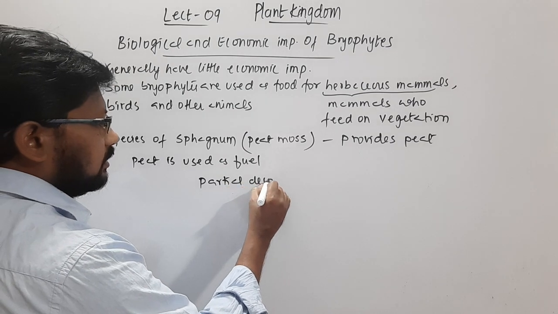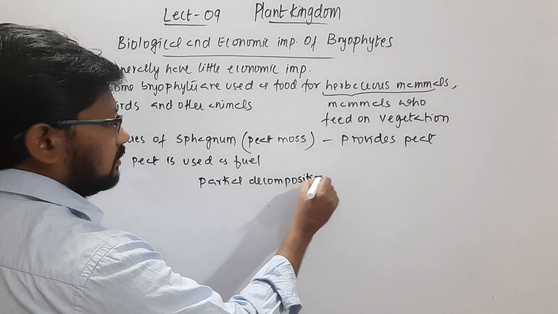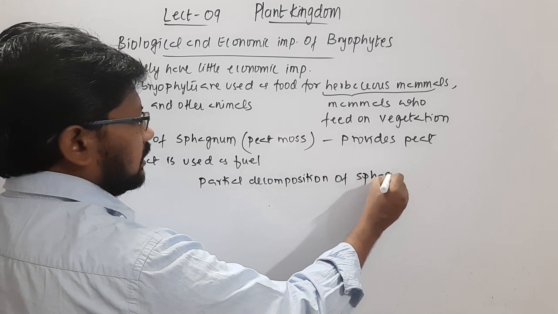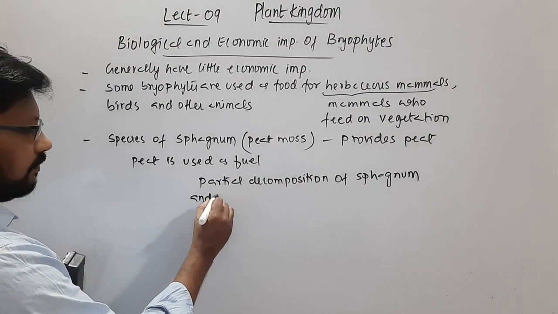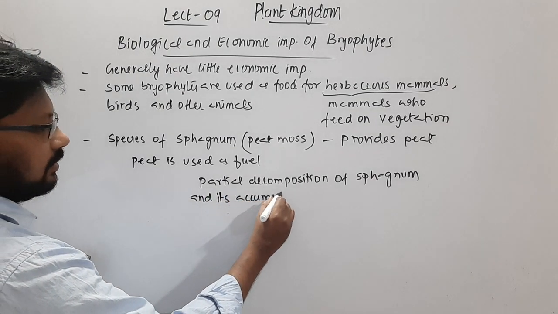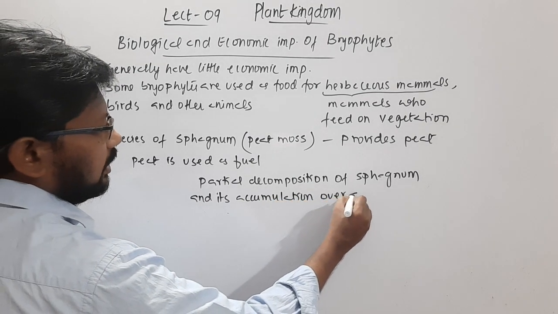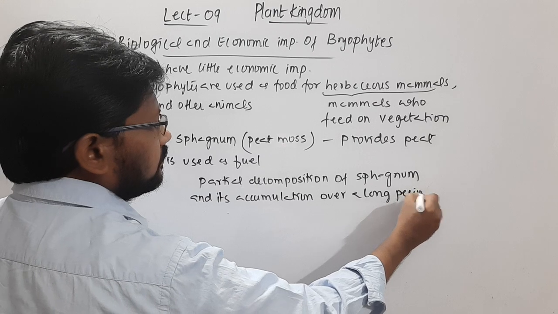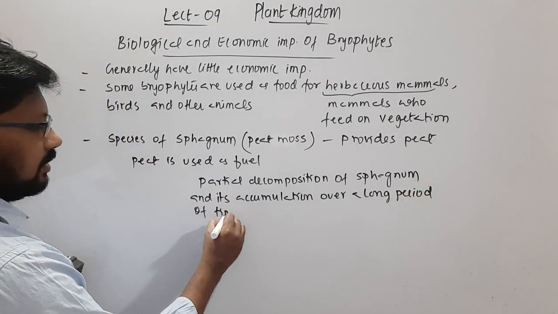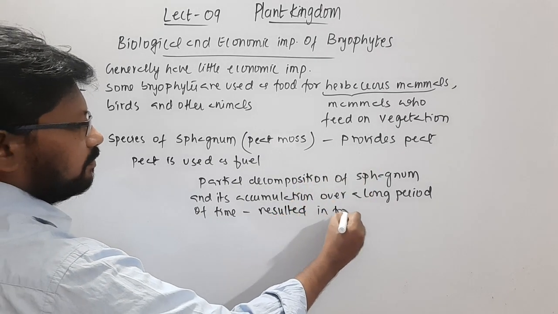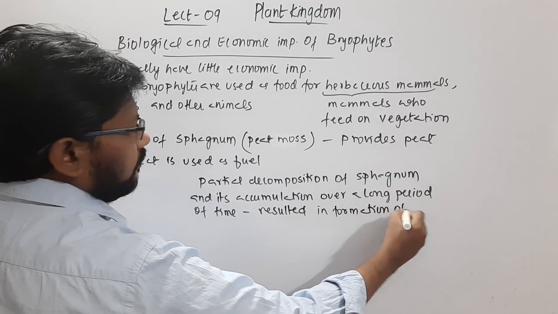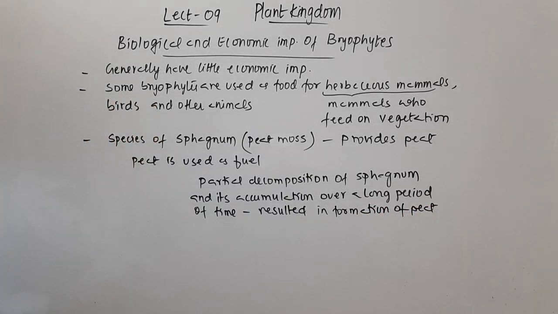The partial decomposition of sphagnum and its accumulation over a long period of time resulted in the formation of peat, and that peat is now being used as a fuel.